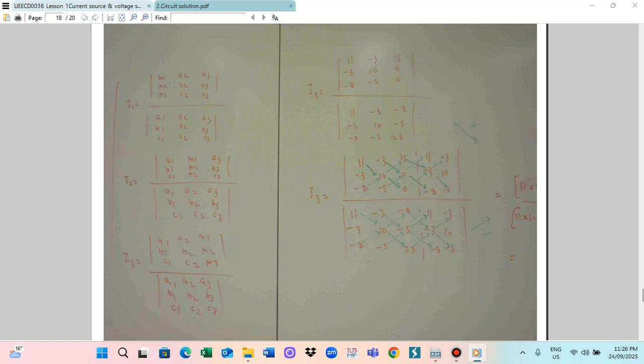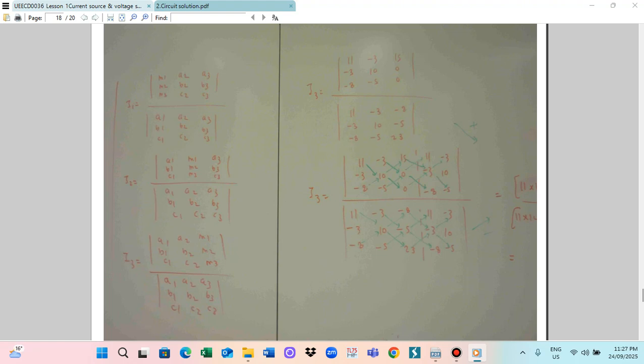In this expansion, the first set of products is positive and the other set will be negative. So we solve this. The positive terms are 11 multiplied by 10 multiplied by 0, plus minus 3 multiplied by 0 multiplied by minus 8, plus 15 multiplied by minus 3 multiplied by minus 5.